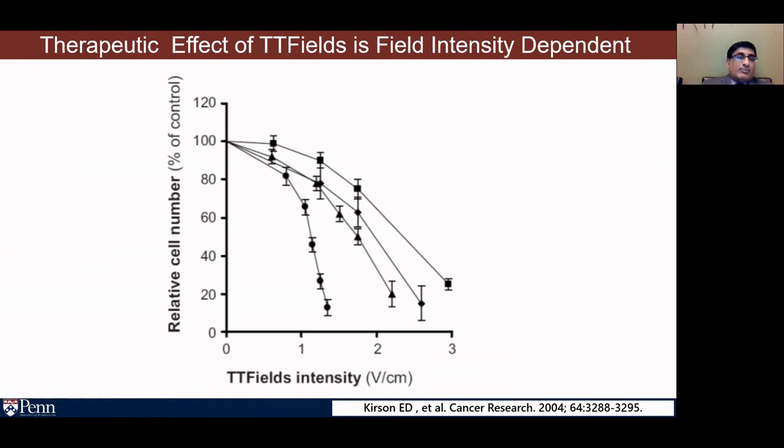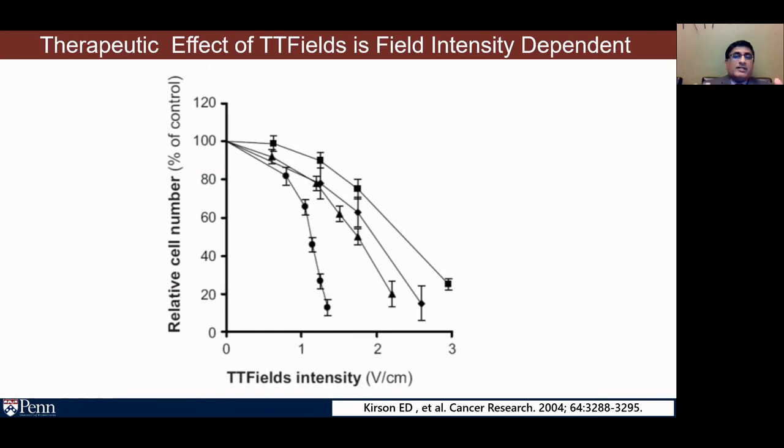The therapeutic effect of the TTF field is also field intensity dependent. As we keep increasing the field intensity, the therapeutic and cytotoxic effect of the TTF field increases. The electric field intensity induced by the TTF field within the brain is actually non-uniform.